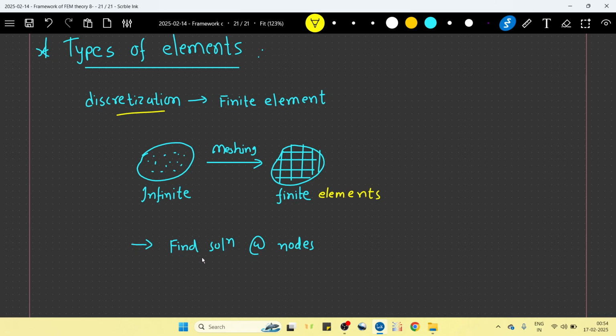We find the solution only at the nodes, and elsewhere we interpolate the solution using shape functions.